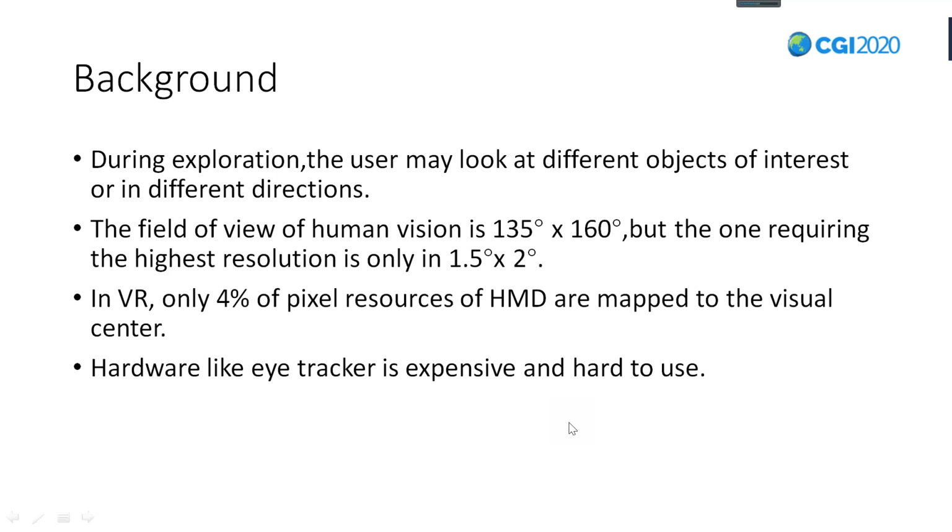The research background is that during the implementation of our VR system, we found that users may look at different objects of interest or in different directions when we render content in our HMD headsets. Usually when we design the system, the field of view of human vision is 135 degrees by 160 degrees.